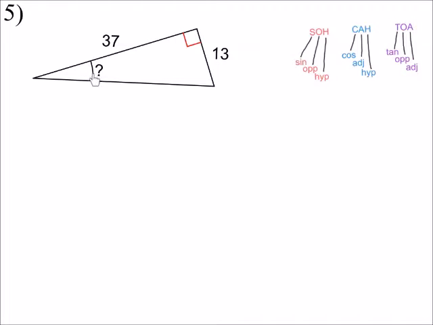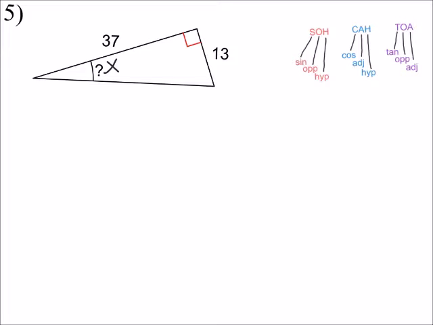Based on this angle, we have the opposite side and we also have the adjacent side. So we're going to use the tan, because tan is opposite divided by adjacent. We'll use the inverse tan, of course, in order to find the angle, because we don't have that. We're going to mark this angle as being x.